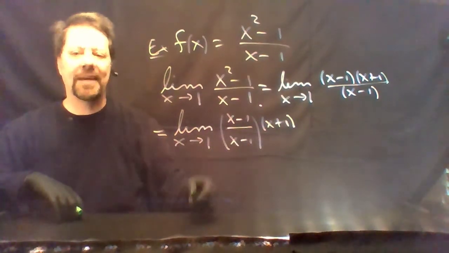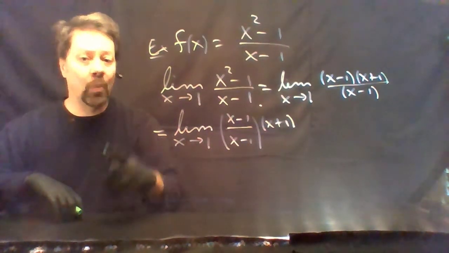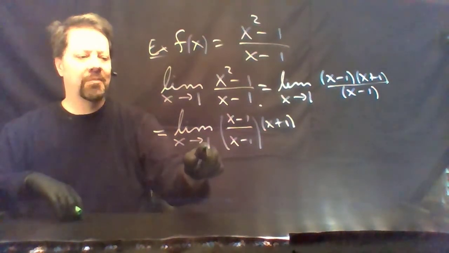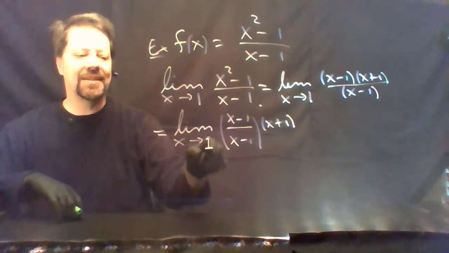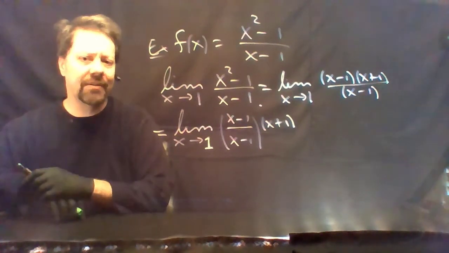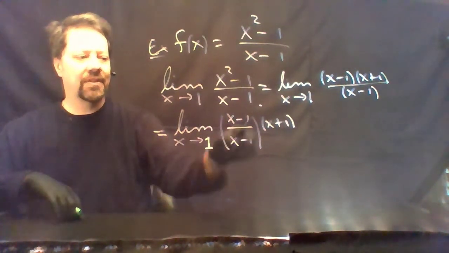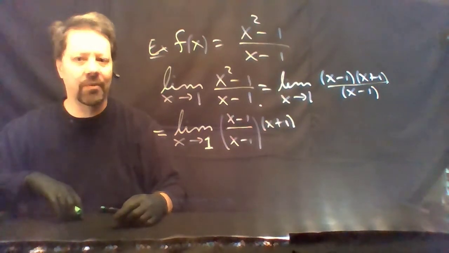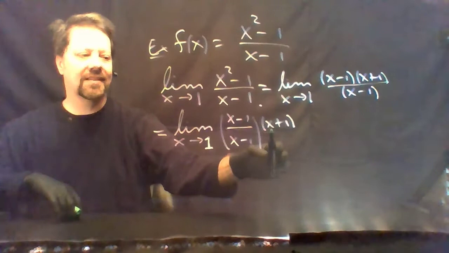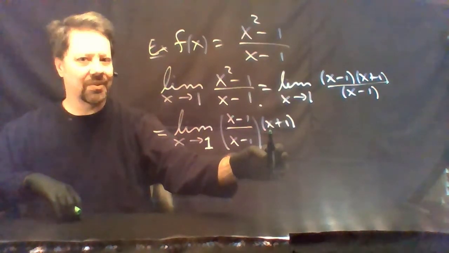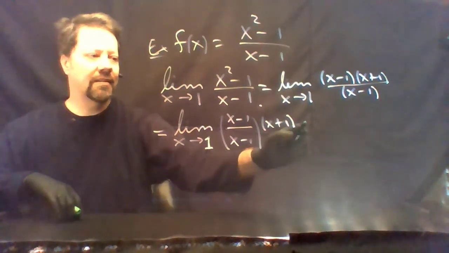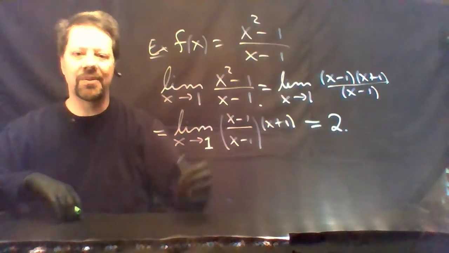X minus 1 divided by x minus 1 is equal to 1 everywhere except at x equals 1. But we specifically need to ignore what happens at the x value that we're tending towards when we are considering limits. So this will be 1 everywhere that matters, everywhere except at x equals 1. The other factor, as x tends to 1, goes to 2. 2 times 1, the limit should be 2.